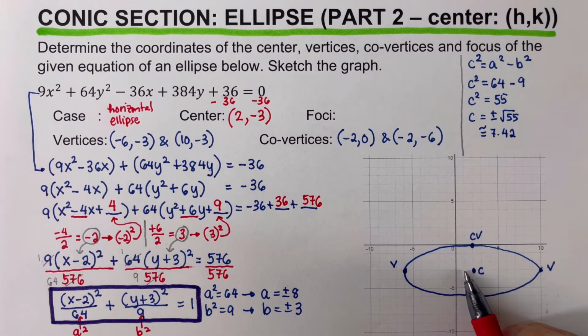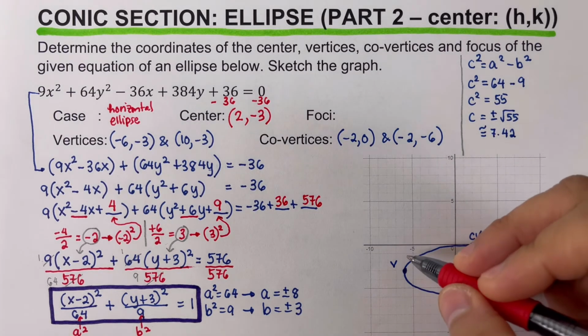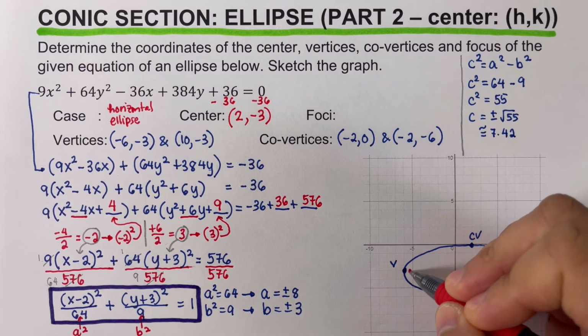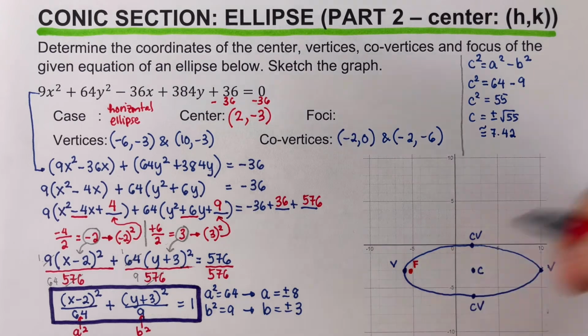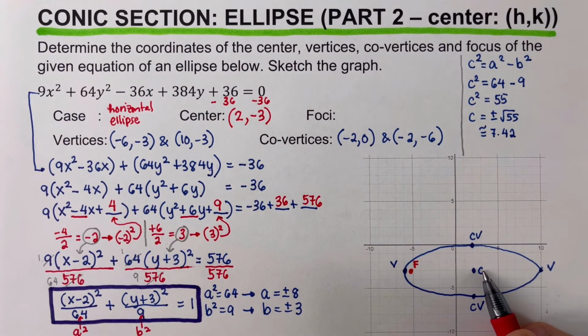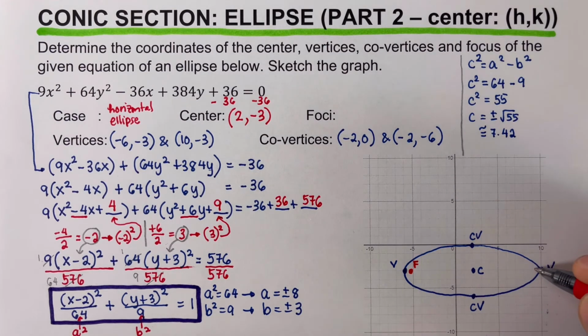So this would be 1, 2, 3, 4, 5, 6, 7.42. So it's somewhere around here. So this is our first focus, and the other focus would be across 1, 2, 3, 4, 5, 6, 7.42, somewhere around here. So this is our second focus.